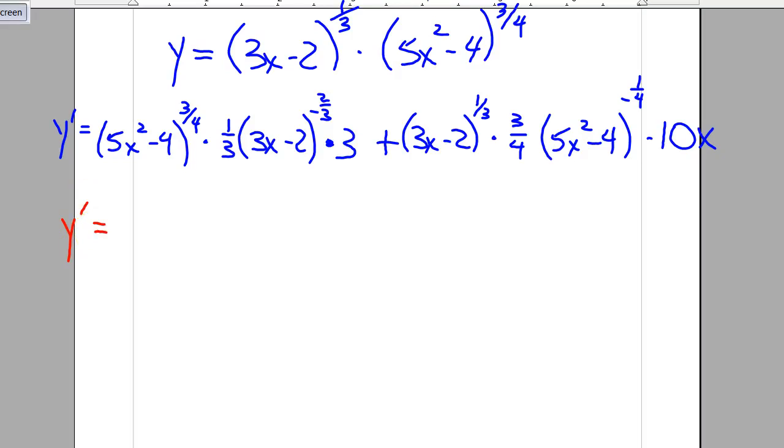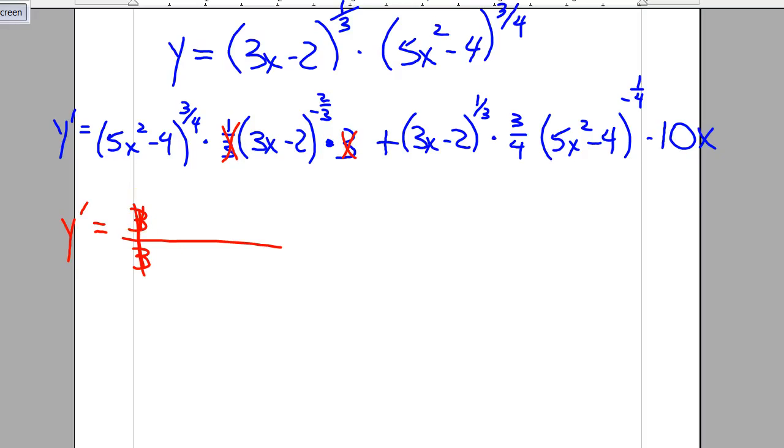So now I gotta start repositioning things, and I've got a couple other things going on here too. A new thing that didn't happen yesterday is I got this fraction here. So typically I just grab that fraction and use that to start the fraction I'm gonna have to put everything into. In this case, I'm gonna have that 1/3 go there, and I'm gonna have that 3 go on top. So what can I do with those? I can just cancel them out and pretend they're gone.